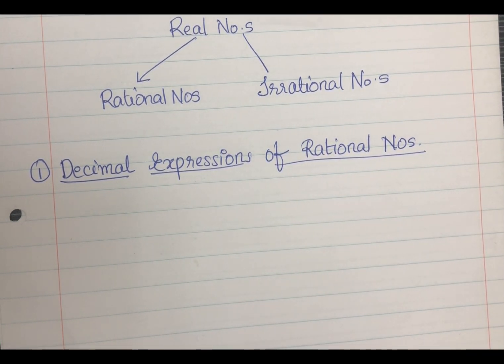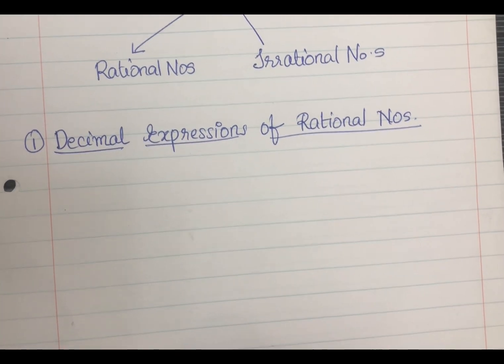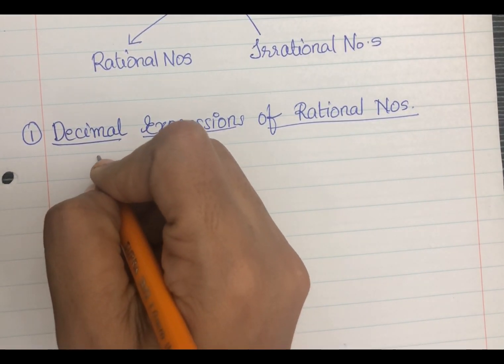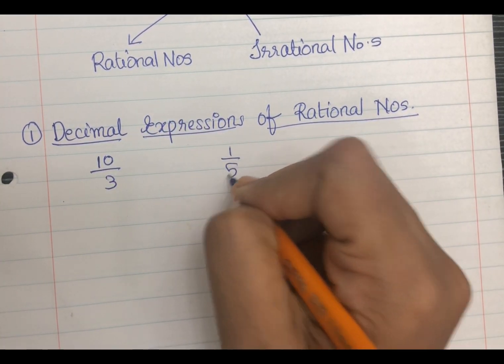To find the decimal expression of a rational number, we'll take a few examples, for example 10 by 3 and 1 by 5.